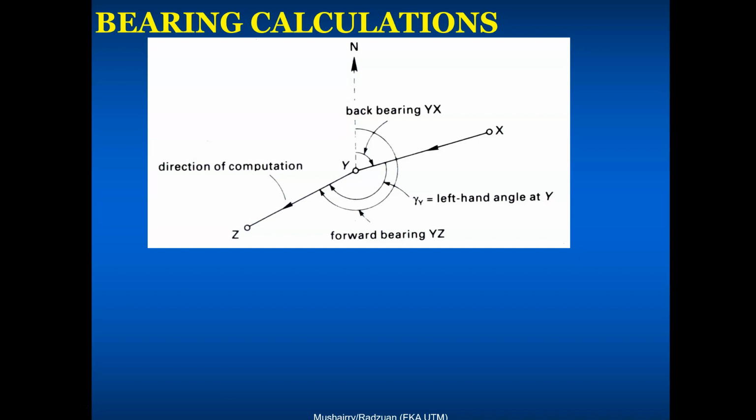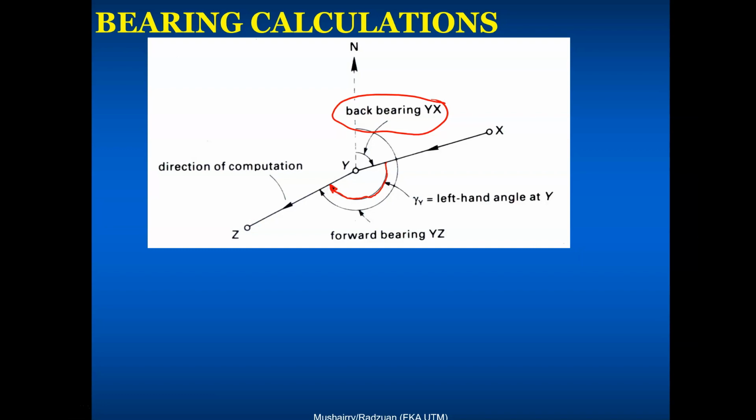Supposing that we are at Y, and station X is our back station and station Z is our forward station, and we were given the bearing Y to X from north. In the field, we'll be observing that angle, the left-hand angle.